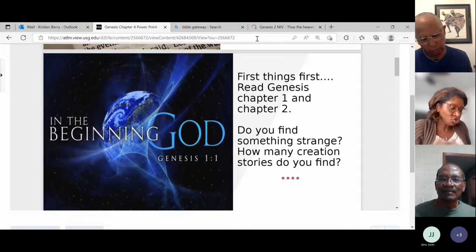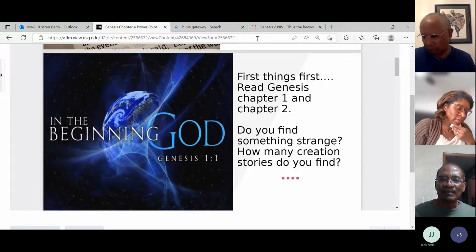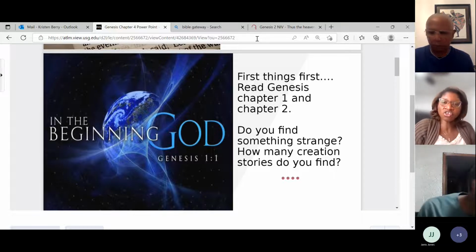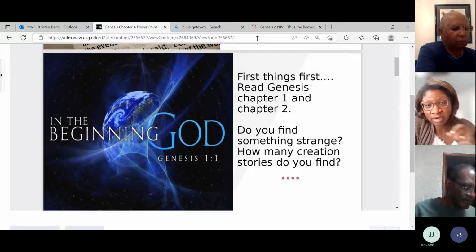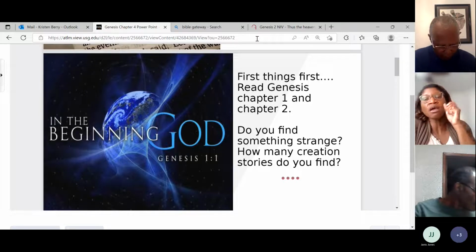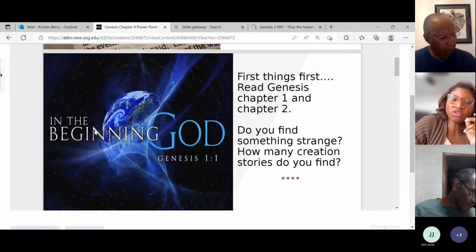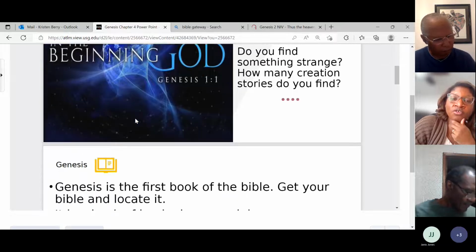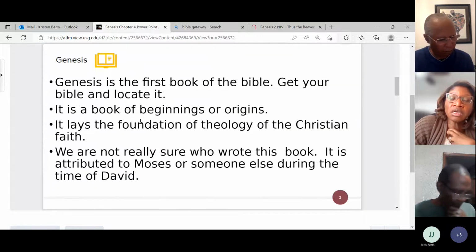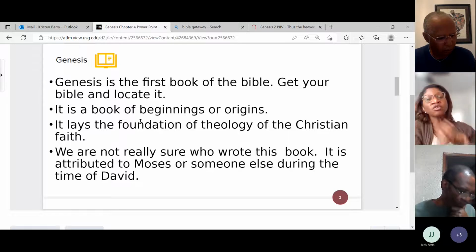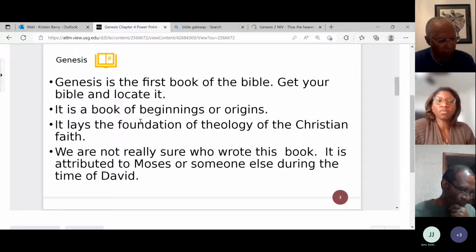So as you look at the structure, I'm on page 85 of your textbook. As you look at the structure of the introduction of the book of Genesis, the key thing that the authors want to tell you is who is responsible for creation?